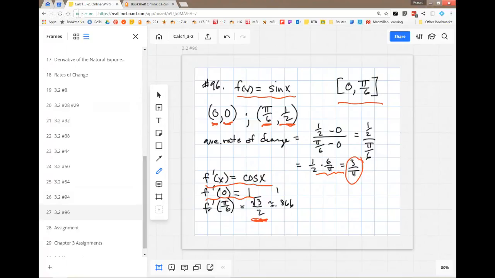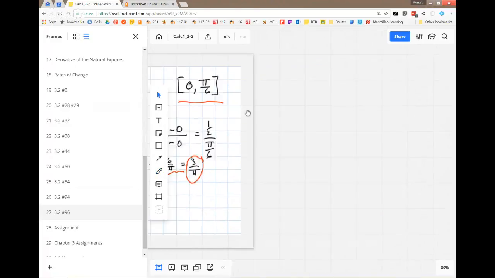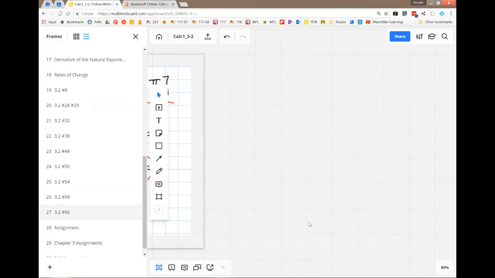Okay, now something else I need to talk about, and another problem type we're going to do: in the book they'll ask you to find the velocity. So the first thing I've got to do is make a note to you that a lot of times in the book you're given formulas that look like this.